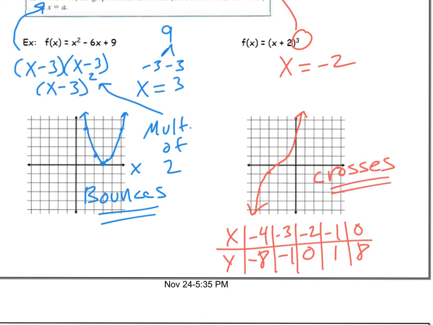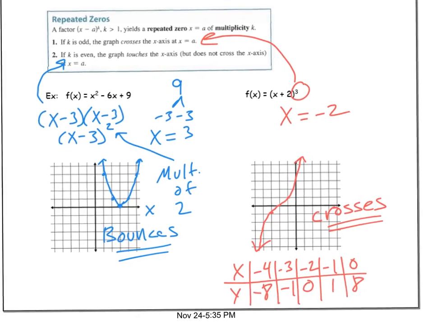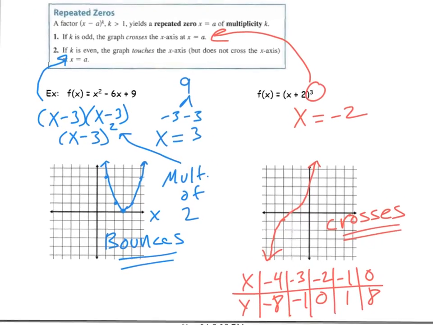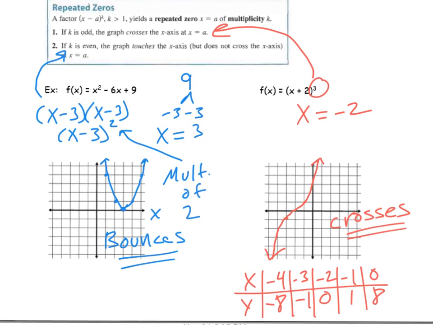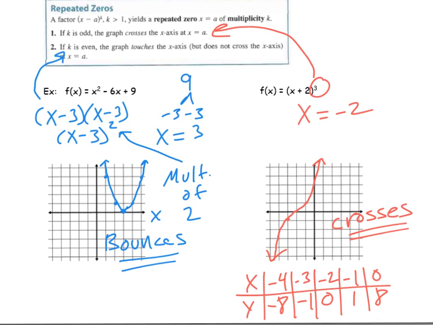But at that 0 of negative 2, I would say the graph crosses, right? You hit a 0, and before negative 2, you had a bunch of y values that were negative, and then at negative 2, it switches to a positive graph, right? Really nice to just step back here and contrast those two.